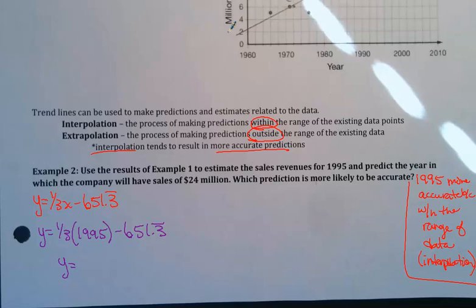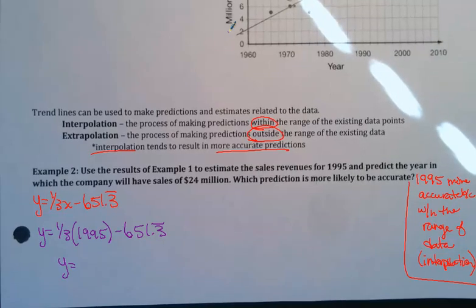So you could subtract 651.33333 until you run out of space and then hit equals. Okay, so what'd you get? Negative 52.8 is not correct. If you don't have a calculator, you can do some math on the piece of paper.